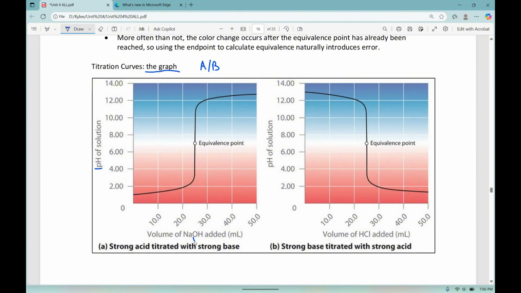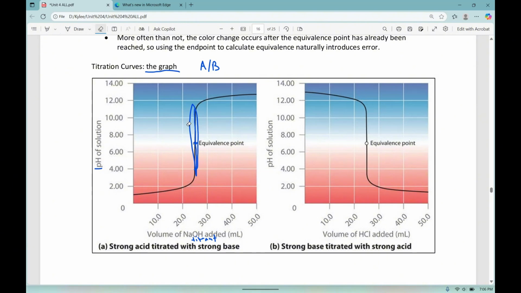Our base would be our titrant because we are adding that to our acid. That's why the pH starts low. And then we have this dramatic rise where the graph almost becomes vertical here in the middle. And the midpoint of that part is what we call the equivalence point.